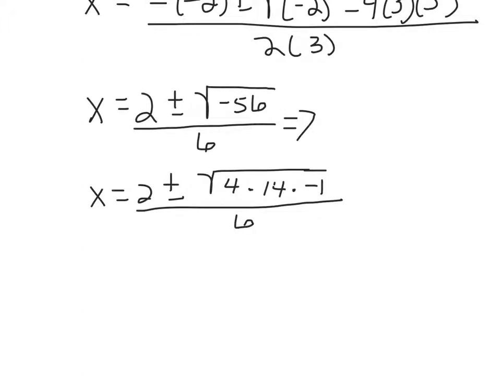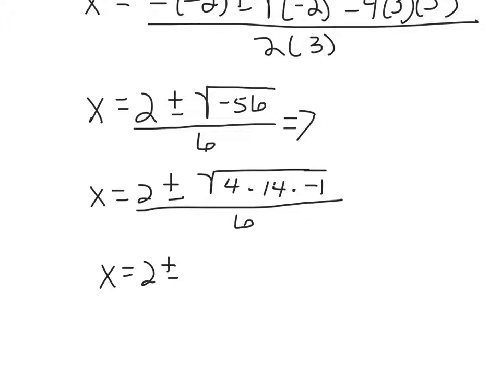Okay, so I have broken down my negative 56 into 4 times 14 times a negative 1. I tried to find the factors of 56 that make perfect squares, and I found that 56 is divisible by 4. So 4 times 14 gives me 56. Then I'm going to simplify again, and I'm going to get x is equal to 2 plus or minus.